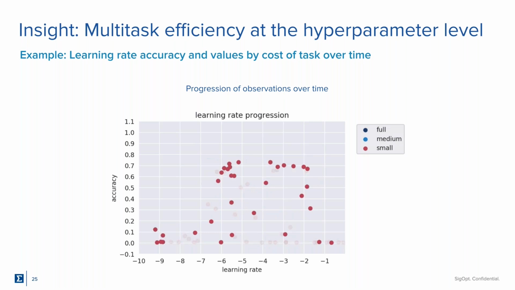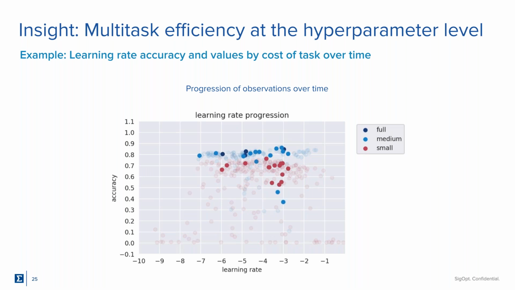And then we conclude with just a handful of full cost tasks in this one area of the hyperparameter space because the optimization strategy thinks that is the optimal region, which is great. And this is what we would expect. We would expect to leverage cheaper tasks initially to inform our more expensive tasks at the end.